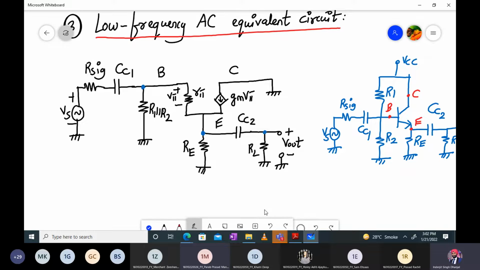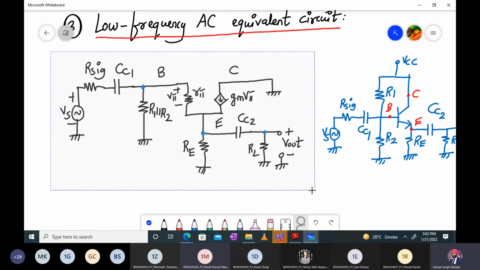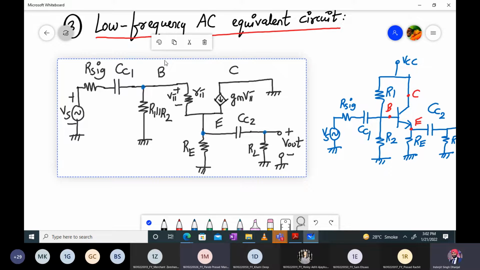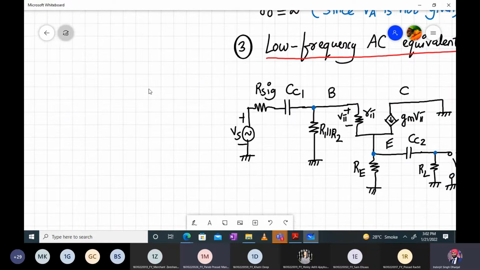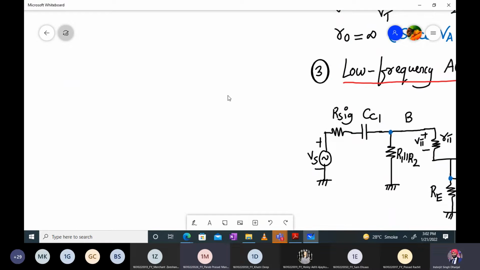Okay, ready? Okay. So let's first calculate FL of CC1.